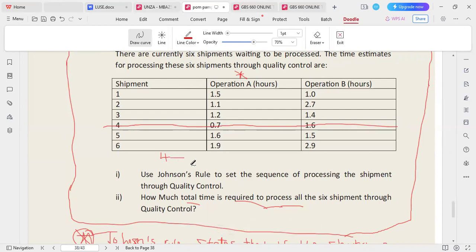Then we look at the shortest processing time among the remaining times, which is 1.0.